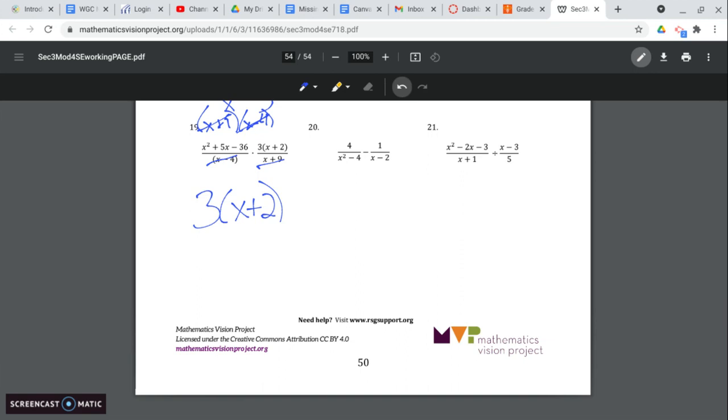Now in this next one, can we simplify it at all? We have 4 over x squared minus 4 minus 1 over x minus 2. So what we need to do is get it in terms of a common denominator, which means we multiply by x plus 2. So now we have 4 over x plus 2 times x minus 2 minus x plus 2 over x plus 2 times x minus 2.